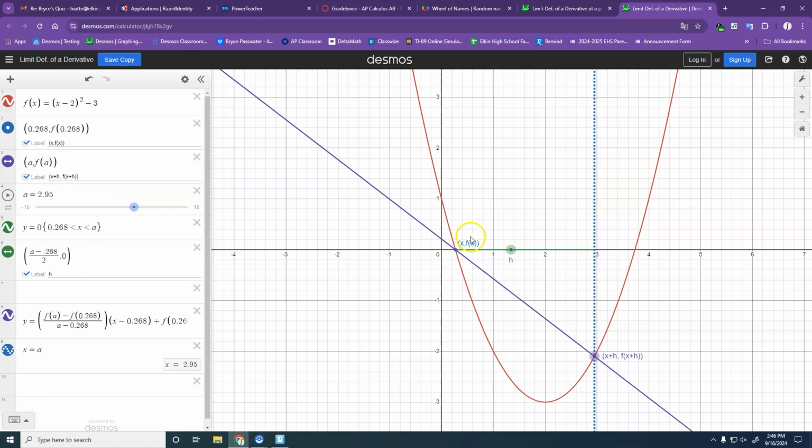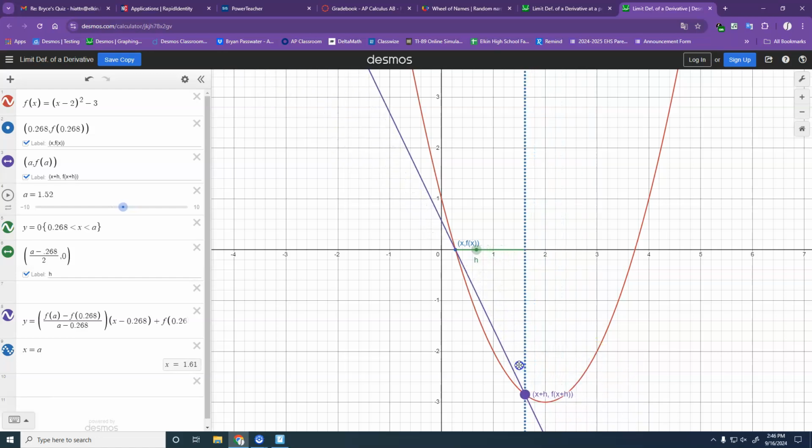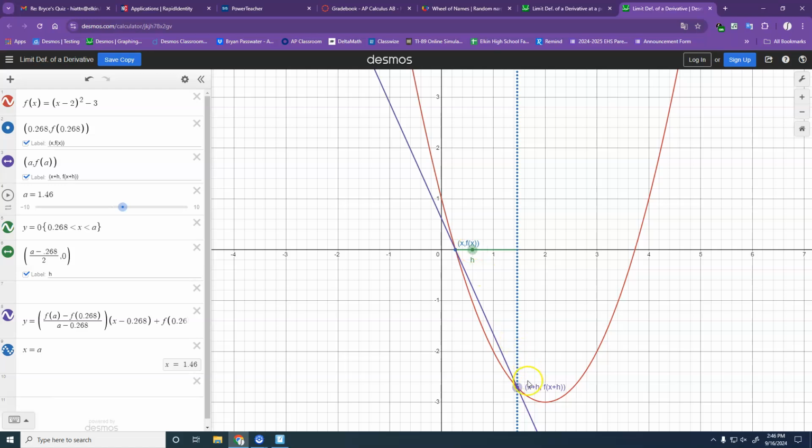Okay, so what's happening is I've got this fixed point here, x, f of x. And I'm adding a value to my x. So this horizontal green line right here has a length of h, whatever h is, right? So if my h gets smaller, right? So if I drag this over, making that h smaller, what happens to my other point that I've got here?